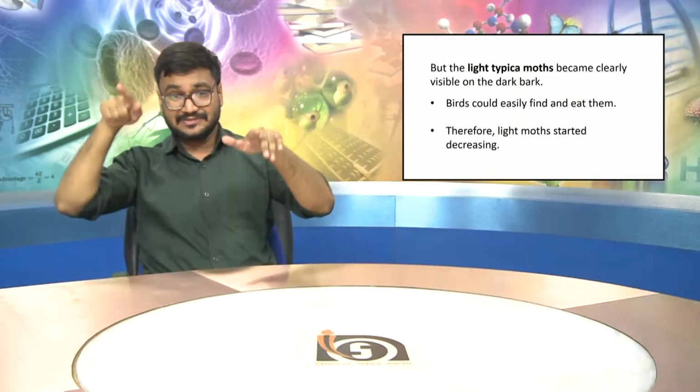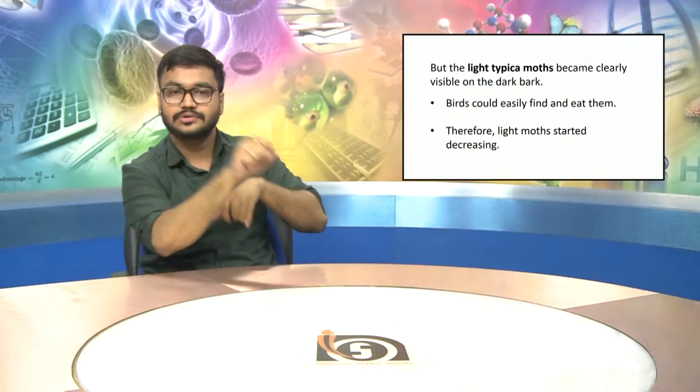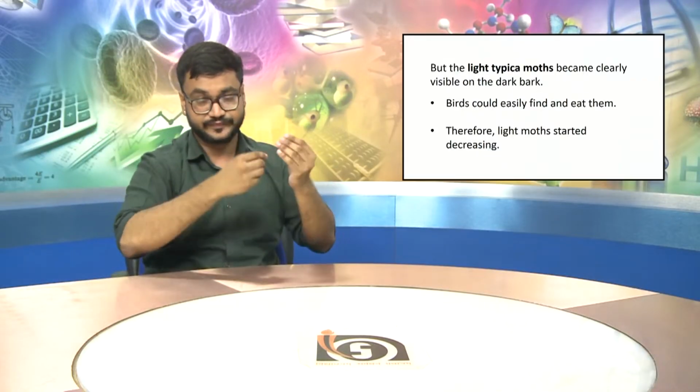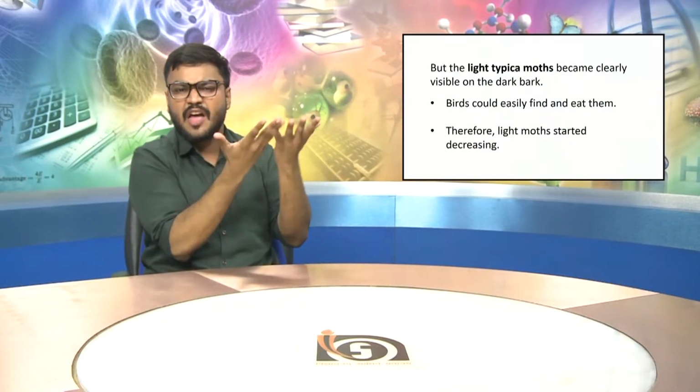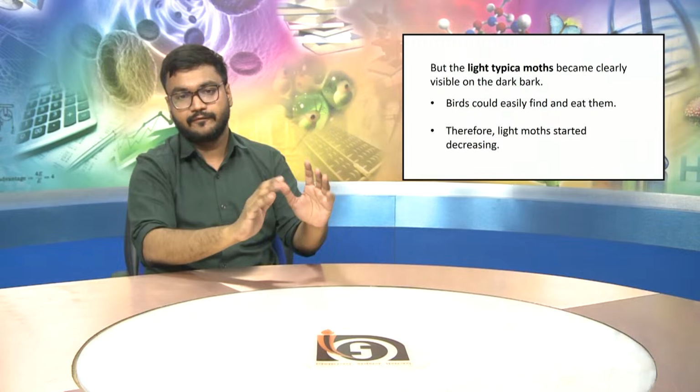So, the light Typica moths became clearly visible on the dark bark. Birds could easily find and eat them. Therefore, light moths started decreasing. Let's take a short break.